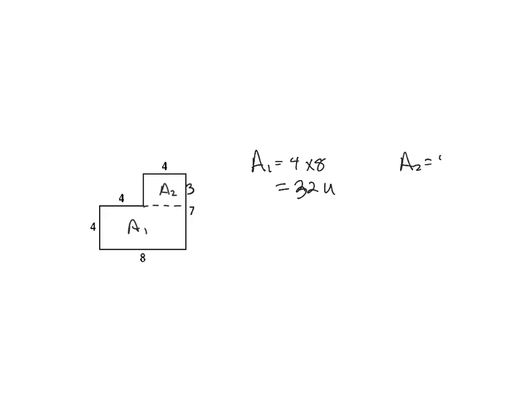Area 2 is 4 times 3, 12 units. So my total area equals 32 plus 12. That's 44 units square. All those units should be square. And that's it for this lesson.